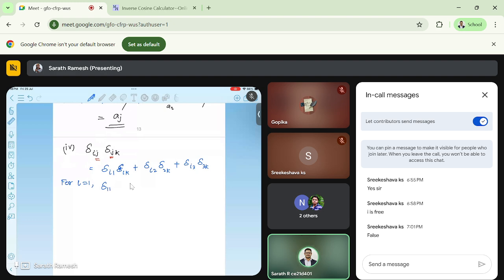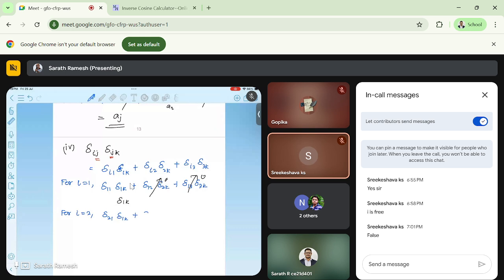Okay. So next, for i equal to 2, what will happen? Delta 21 delta 1k plus delta 22 delta 2k plus delta 23 delta 3k. Which one will remain? Which one will become 0? Delta 22 will remain. Delta 23 and 21 will become 0.